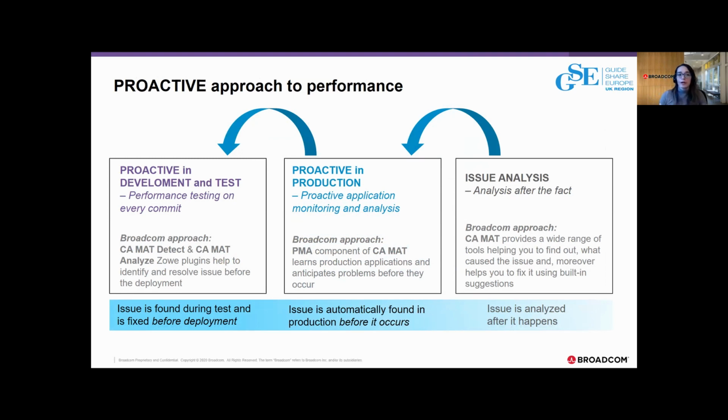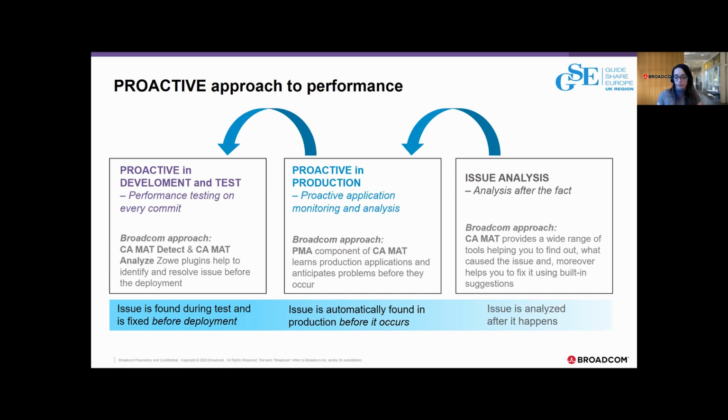So what are the ways to be proactive about application performance? Unfortunately, a lot of customers are still in this top right box. I'm explaining this slide in reverse order. We go from the top right, where we have issue analysis after the fact, and a large number of customers are still just analyzing issues after the fact.